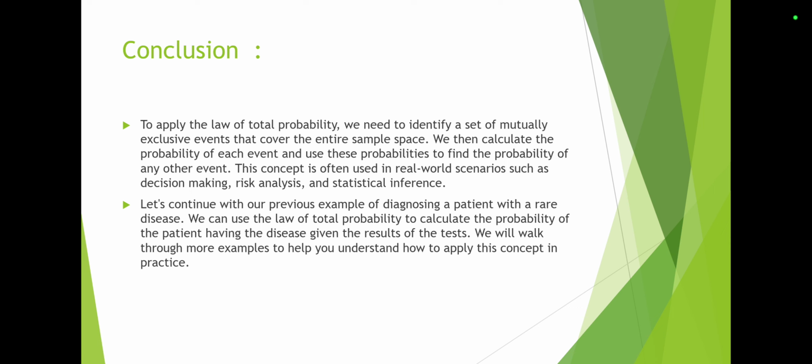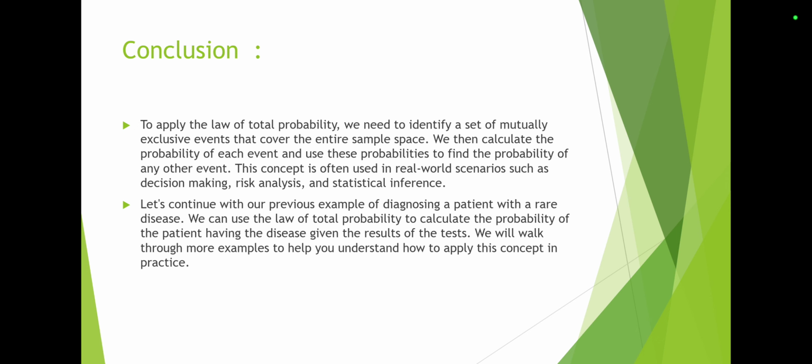We then calculate the probability of each event and use these probabilities to find the probability of any other event. This concept is often used in real world scenarios such as decision making, risk analysis, and statistical inference.